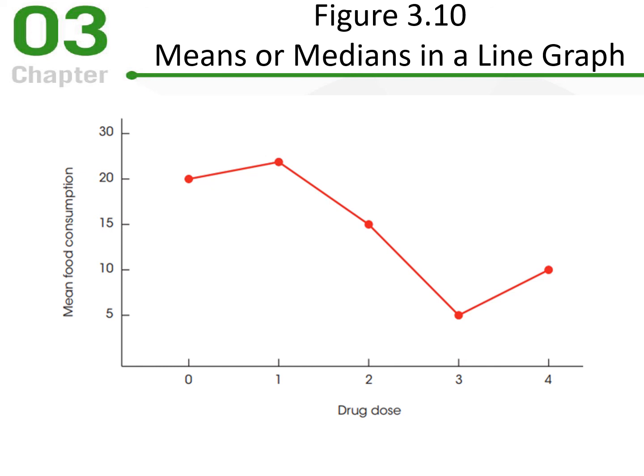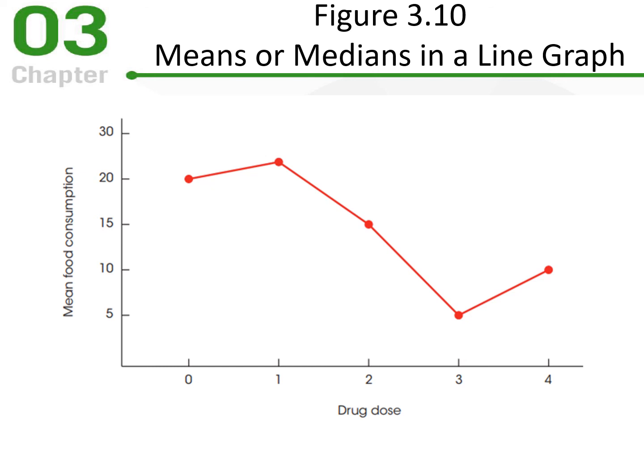If I had a continuous variable on my x-axis instead of a categorical variable, I could then plot a line graph, although I don't really like this. The text talks about a line graph here. I generally only like to see a line graph if my x variable is time.